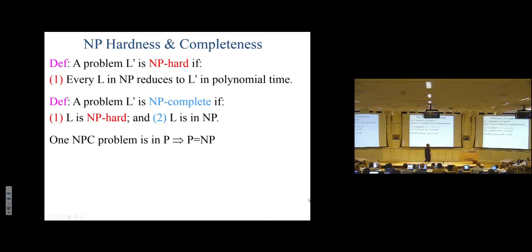Okay. So if one NP-complete problem is in deterministic polynomial time, that immediately implies that P is equal to NP. Why? NPC means NP-complete, right? It's this definition here. It means everything in NP reduces to it in polynomial time.